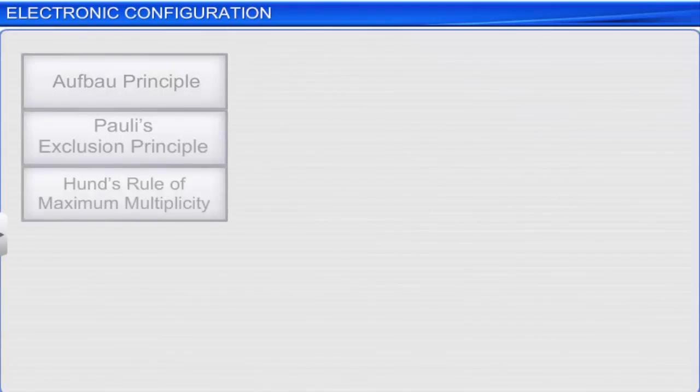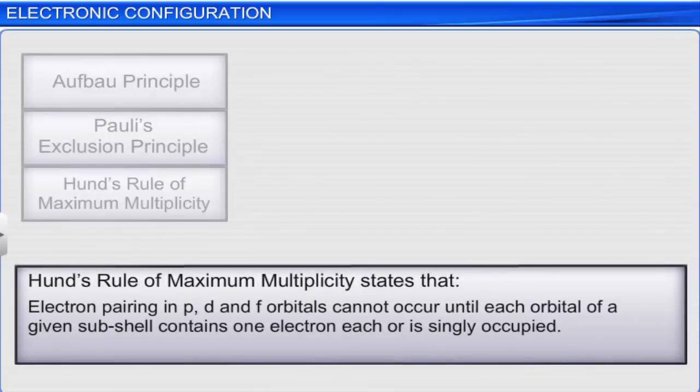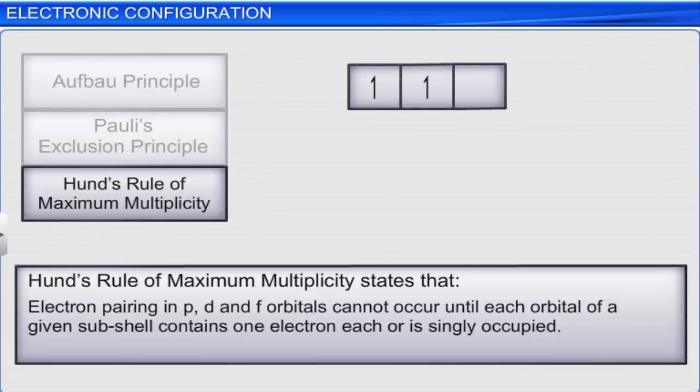Second is the Pauli's exclusion principle. It states that an orbital can have maximum 2 electrons and these must have opposite spins. And finally, the Hund's rule of maximum multiplicity that deals with filling of electrons into equal energy orbitals of the same subshell.